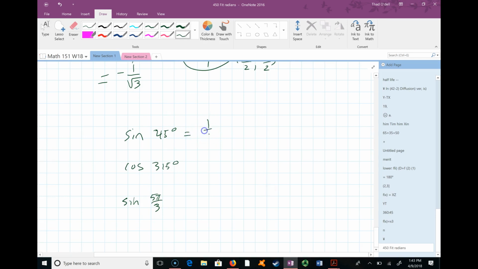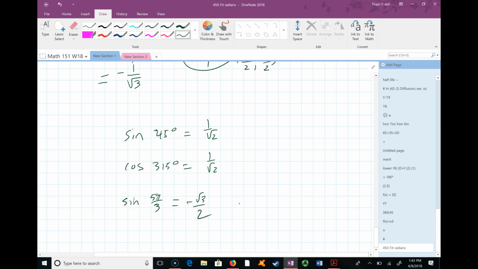So in this case, it would be 1 over rad 2. In this case, it would be 1 over rad 2. In this case, it would be negative rad 3 over 2. Okay? So that's the idea.